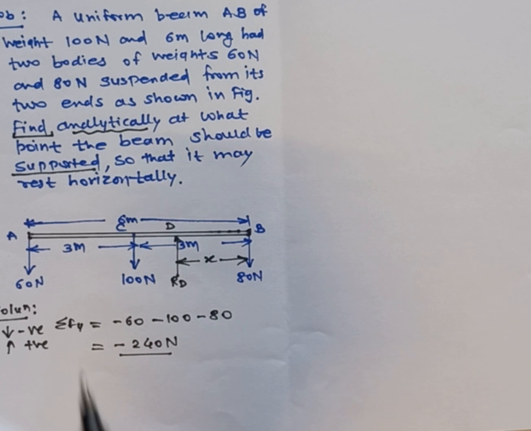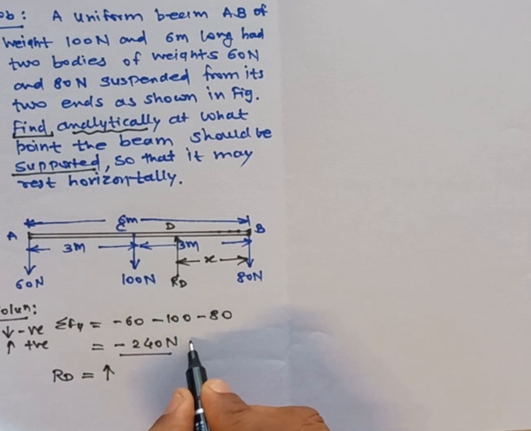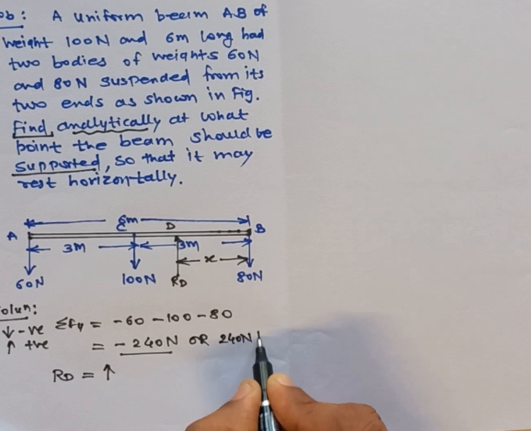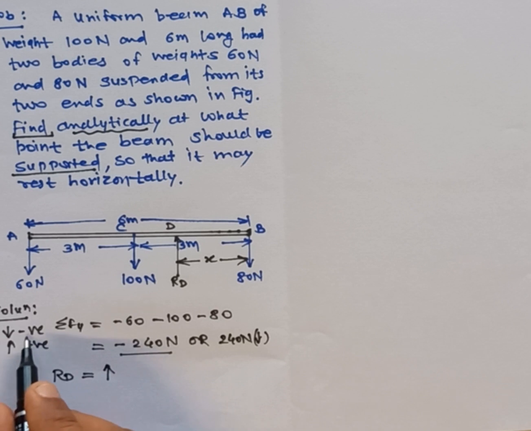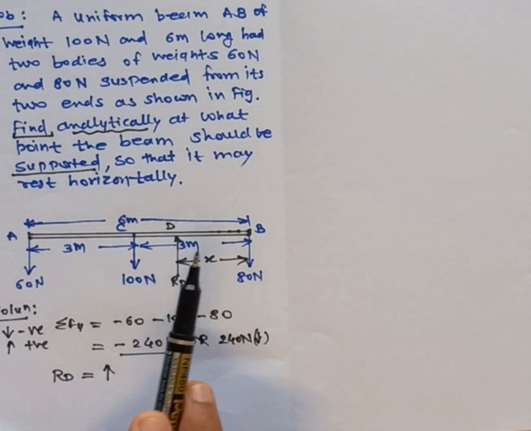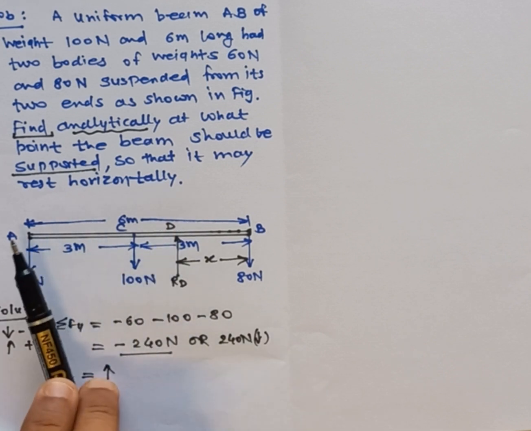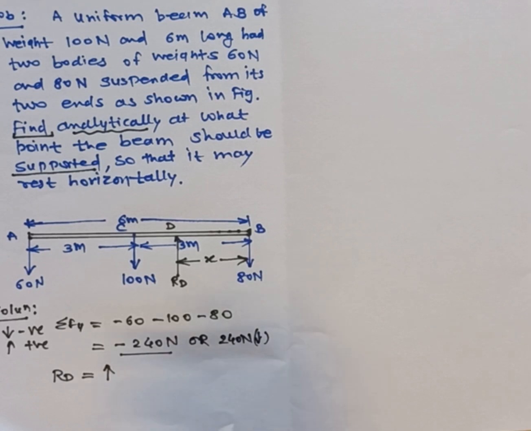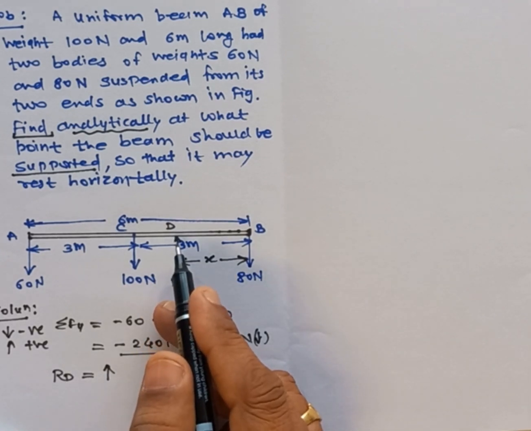Now to support this beam, the RD should be upward. Why? Because the summation of Fy is 240 Newton downward, right? It is downward because I have taken negative as downward. But to support this beam, to keep this beam horizontal as per the condition, this RD should be upward.